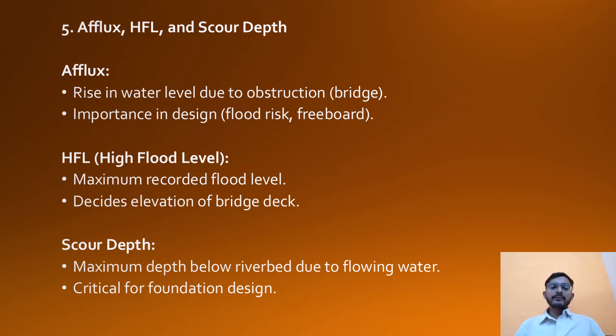HFL, high flood level, should be considered on priority basis: the maximum recorded flood level should be studied before constructing the bridge, and it decides the elevation of the bridge deck, or at what height the bridge deck should be constructed. This elevation should be studied, and then the bridge should be built.